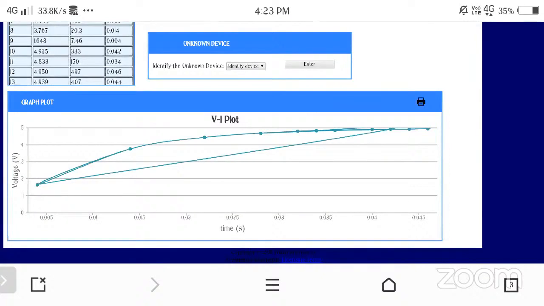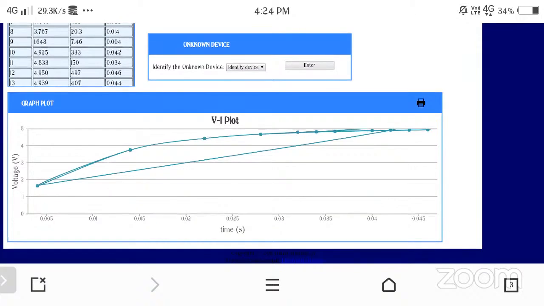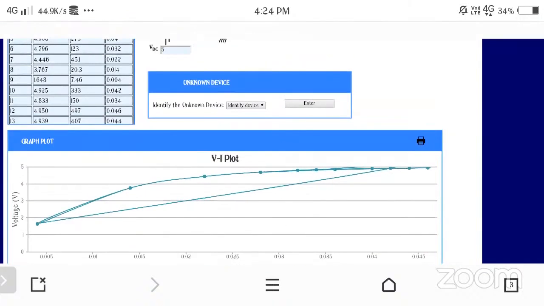Notice the change. Here you can see that initially there is a big difference between the voltages, but after some time the voltage is saturated. It is a regulated voltage, you can say.